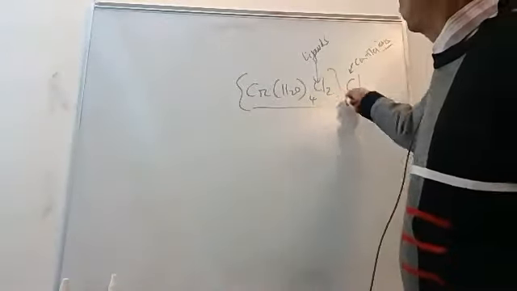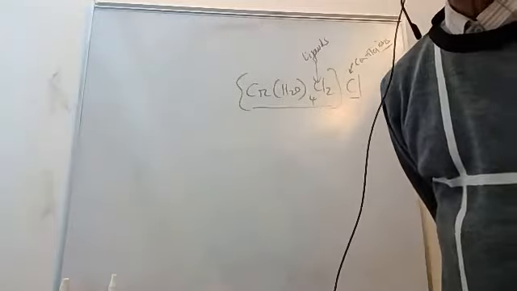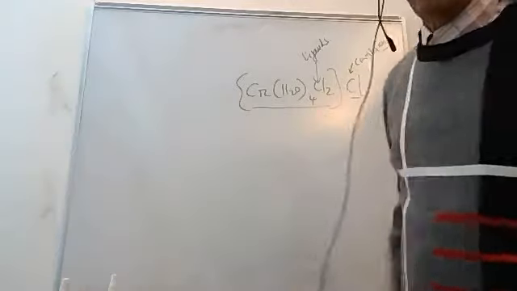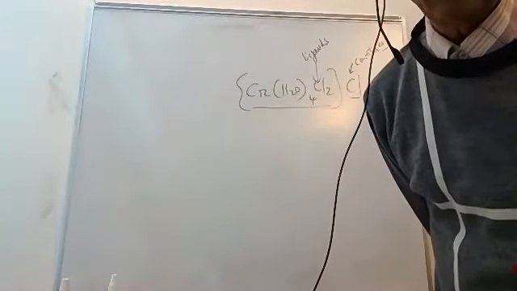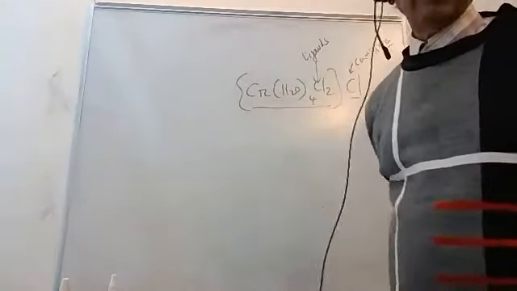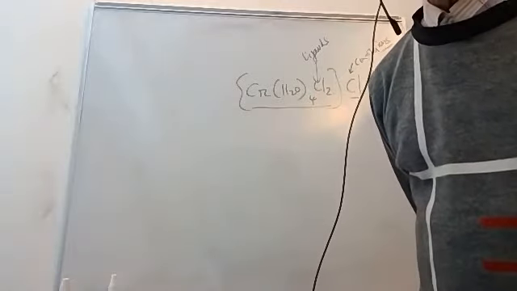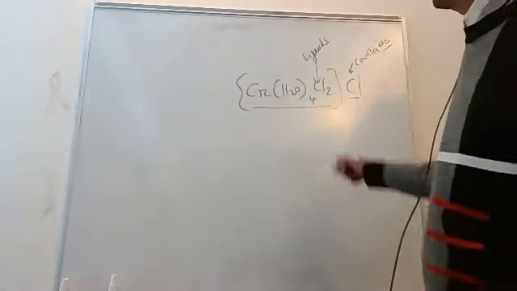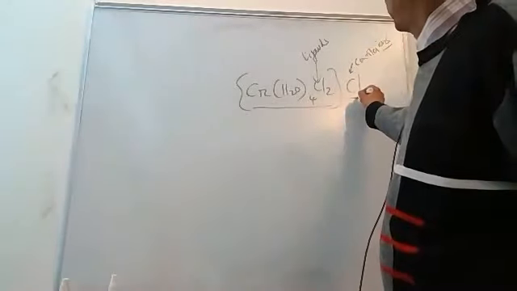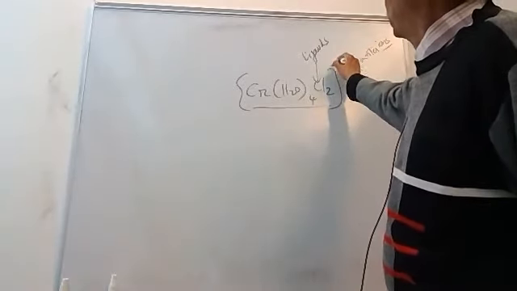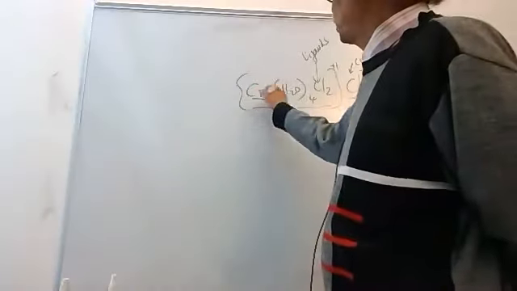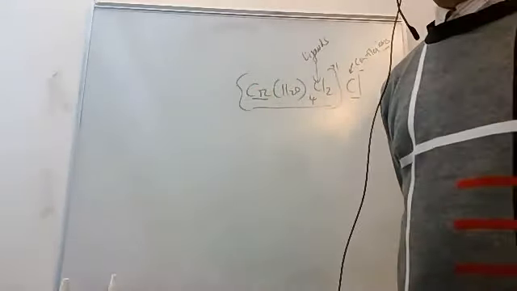See, I have chlorine in 2 places. One chlorine is a chloride, and the other one inside the coordination sphere goes by the name chloro. This chloride is basically giving you a charge balance for the complex. So what should be the charge on this entire complex here? If there is 1 chlorine outside, chlorine is -1, so this should be +1. If this is +1, what should be the oxidation state of chromium here?